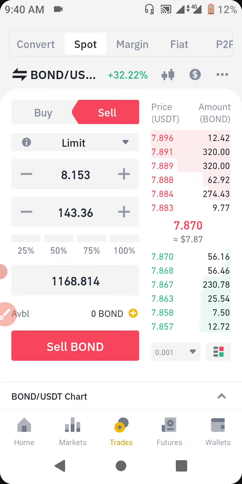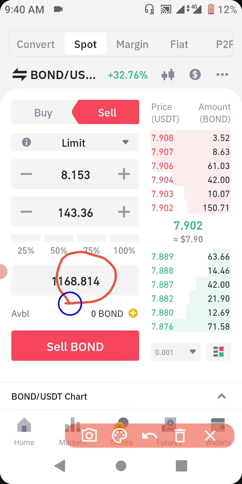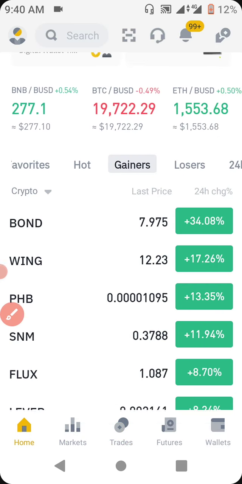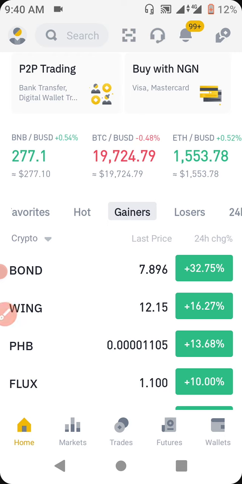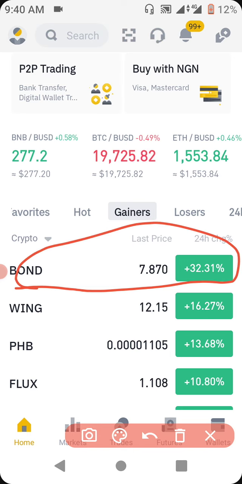And you can see that this profit is way more than the other one, more than times 2 of the other one. Why? Because we did what? We bought from the gainers of the day. So this is how you can easily trade spot.